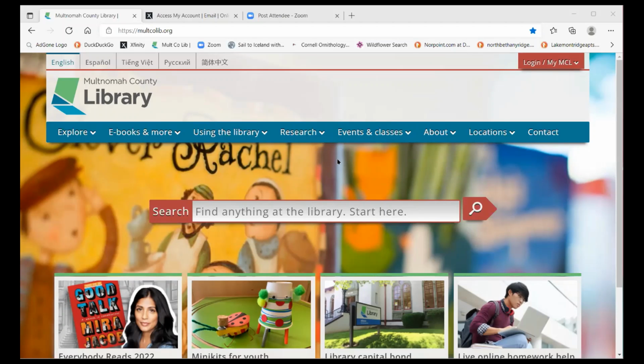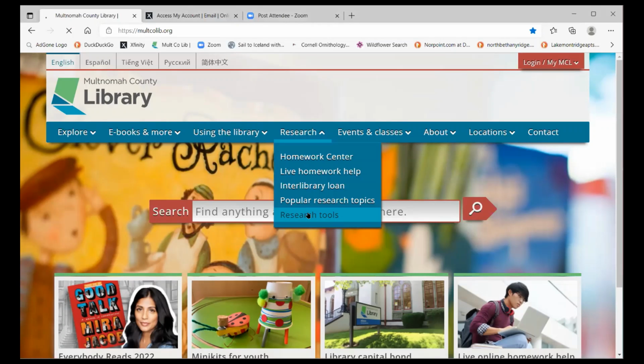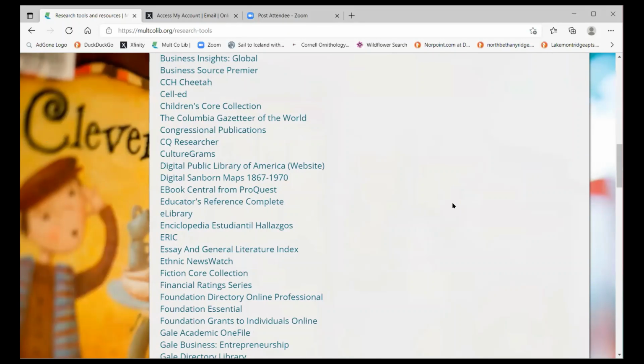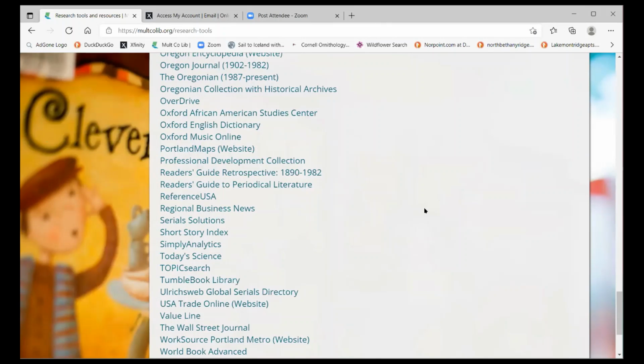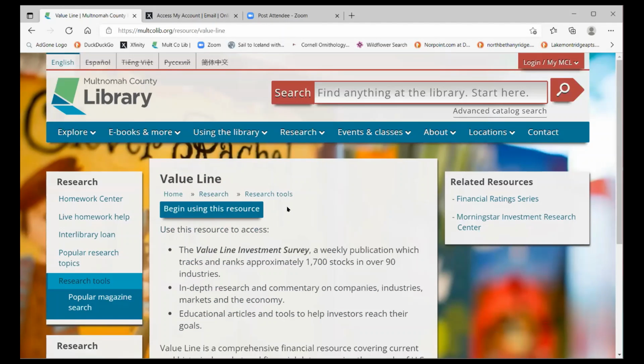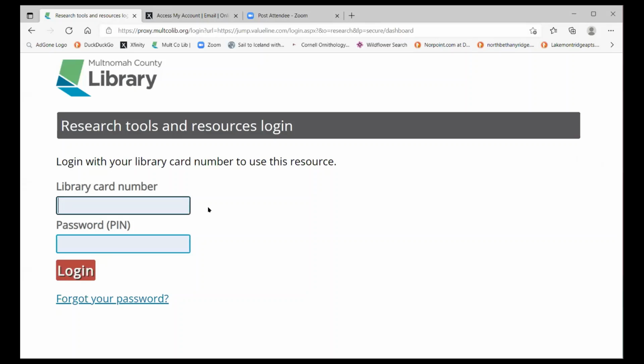If you come into this screen, you can click on Research and go to Research Tools. Personally, I have Purchase Tools bookmarked, which is in Research, saving me a step. Then out to Value Line, begin using, and sign in.